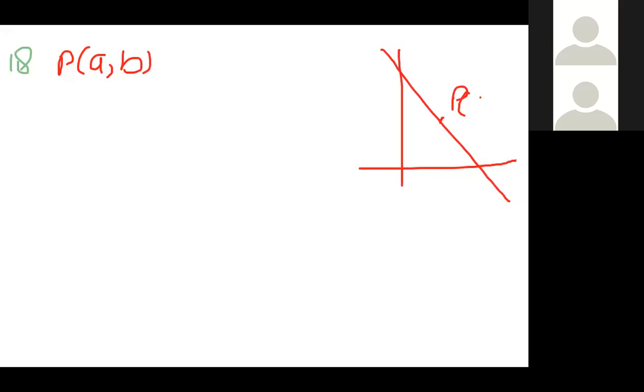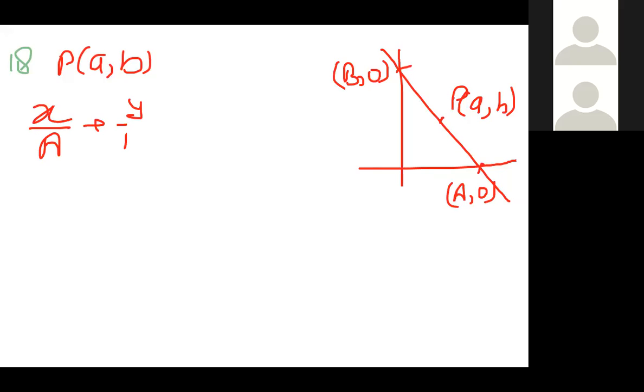Its coordinates are A, B. Now usually A, B are the coordinates of the axis where it cuts. So now we will give them names: capital A, 0 and 0, capital B. Now the equation of the intercept form will be x upon capital A plus y upon capital B equals 1. Now P is the midpoint.